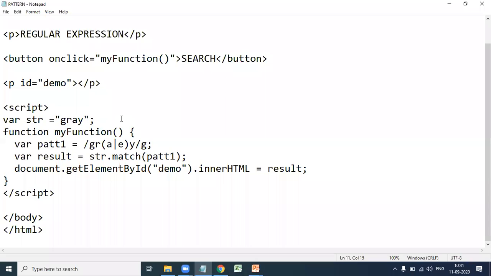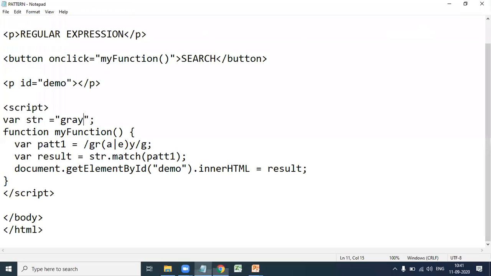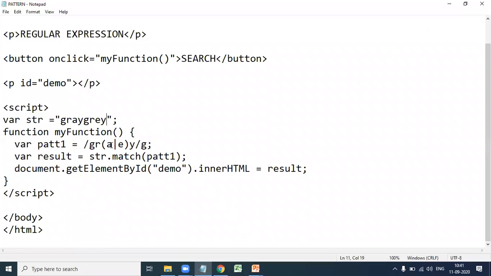It matches, so it prints GRAY. If you give GREY, then GREY is also matched. See here, GRAY and GREY. It matches both. The left-hand is GRAY, the right-hand is GREY, so it matches GRAY as well as GREY.